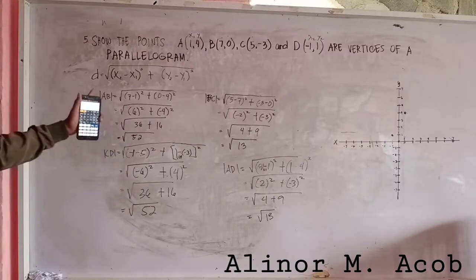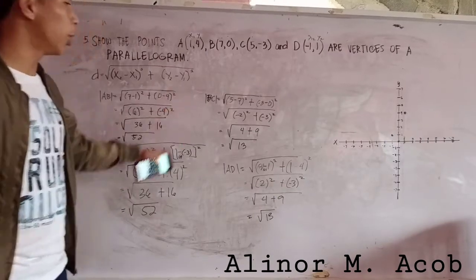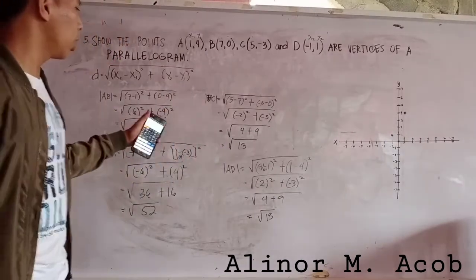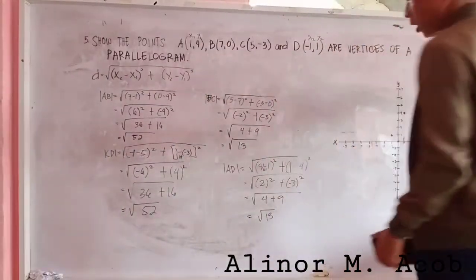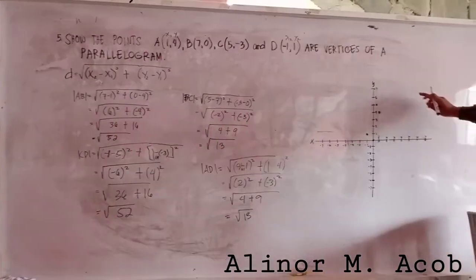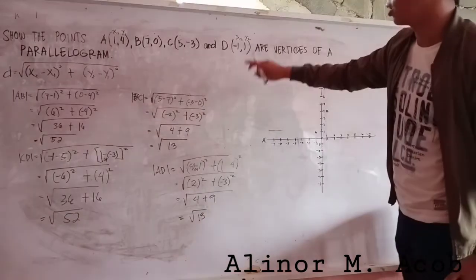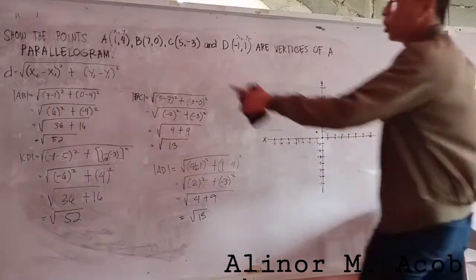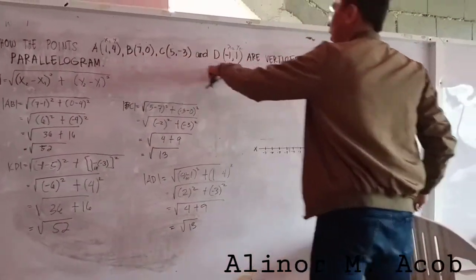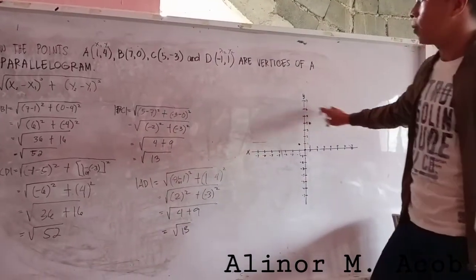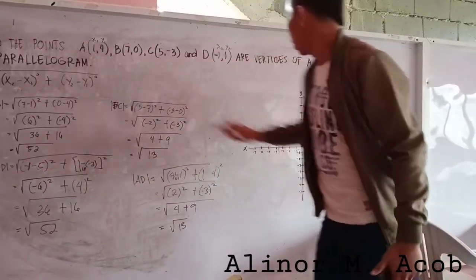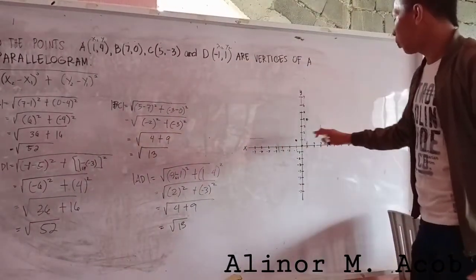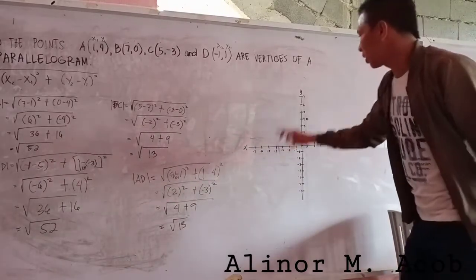Tapos, pagkatapos natin ma-solve to is ipo-prove naman natin kung tama talaga, so by using Cartesian plane. So sa Cartesian plane is ipa-plot mo lang siya. Pa-plot mo lang yung points. So yung A, B, C, at D, pa-plot mo lang siya sa Cartesian plane. So yung A natin is 1, 4. So gagawa ng Cartesian plane x-axis at y-axis.